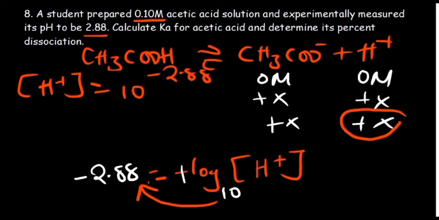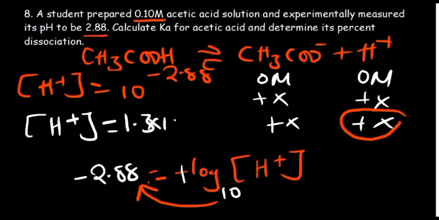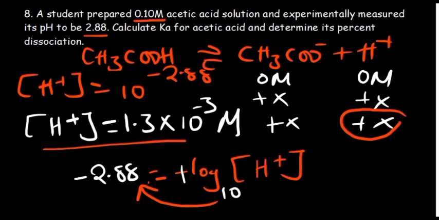So 10 raised to the power negative 2.88, okay, so what I'm getting as the concentration of the protons is basically 1.3 times 10 to the power negative 3 molar concentration. That is at equilibrium of the hydrogen ion, which is equal to x there.